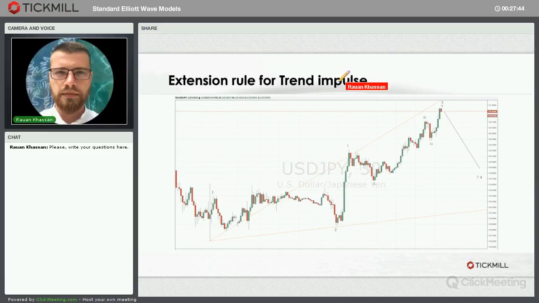So I have changed the initial layout and have marked the supposed top of wave number 3 as the first part of an extended wave 3. Then the previous wave 4 is marked as the second part of extended wave 3.